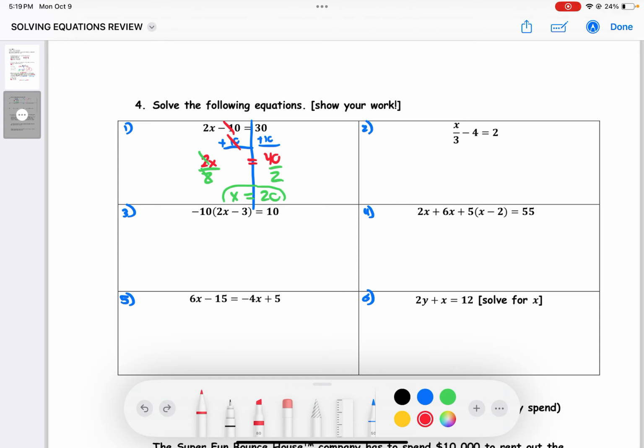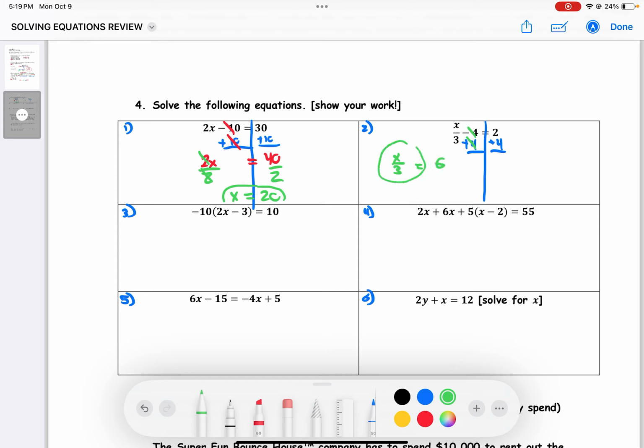But since these are 2 separate terms, separated by a minus sign, I can comfortably get rid of the minus 4 and then take care of my fraction, right? I want my fraction to be the only thing on one side of the equation before I take care of it. So let's add 4 to both sides, because that's the opposite of subtracting 4. And we'll get x divided by 3 equals 2 plus 4 is 6.